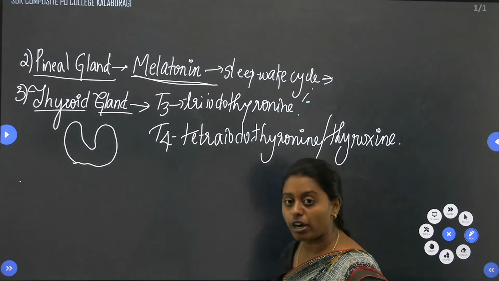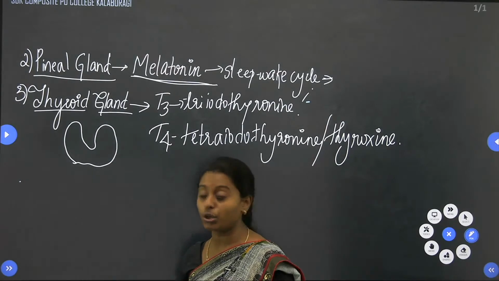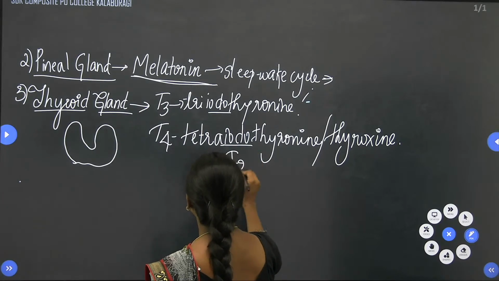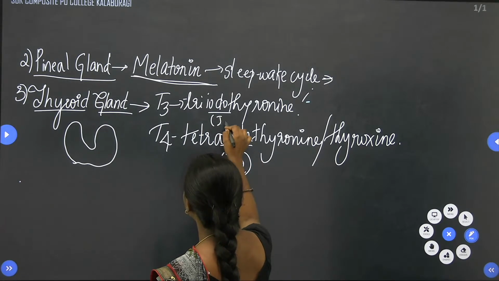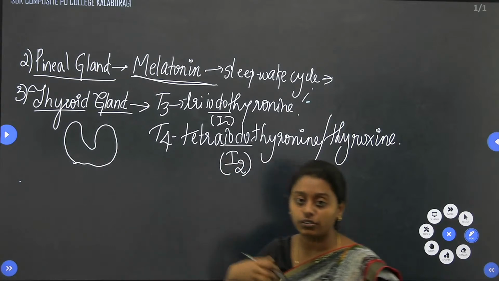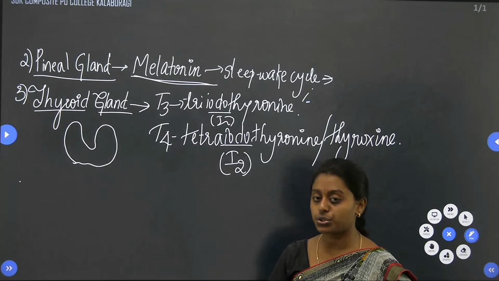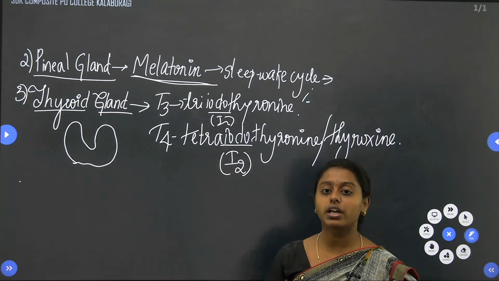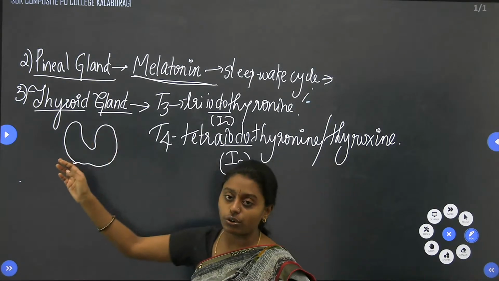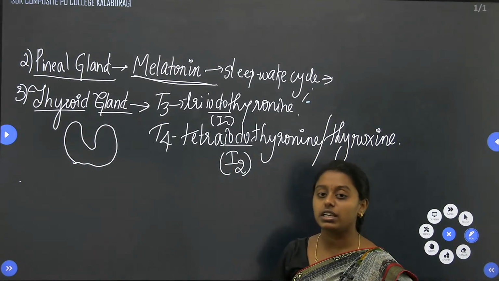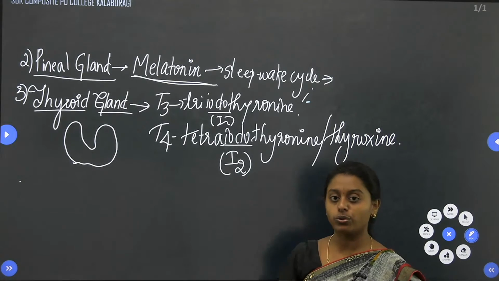So here we can observe one terminology, that is iodo. Here the word iodo refers to the iodine molecule. The food that we take in our diet should be quite rich with iodine molecules, so that if iodine is available for the thyroid gland, then the thyroid gland can easily synthesize two hormones.